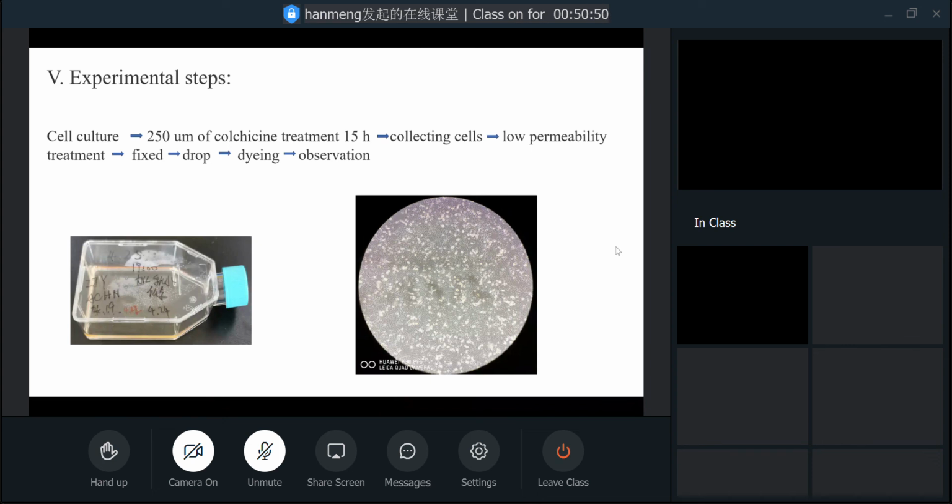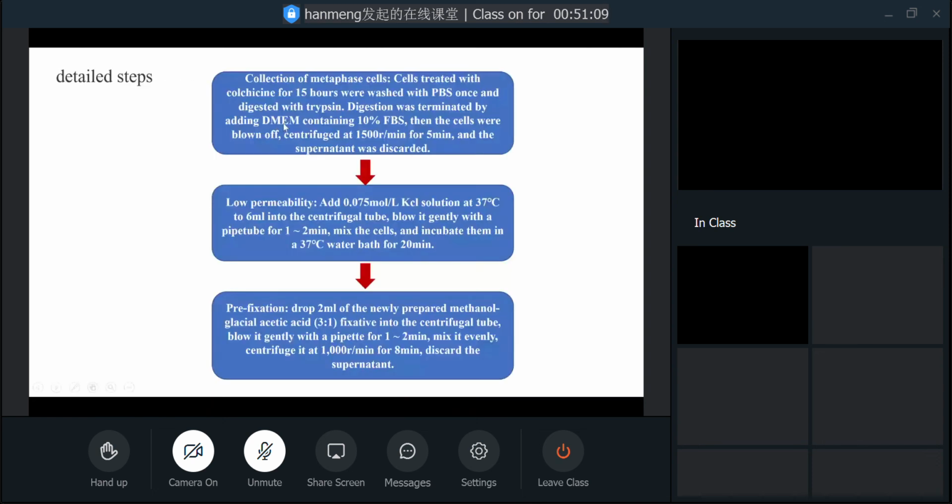Then here shows the detailed steps. First, we collect the metaphase cells. Then we wash the cells with PBS once and digest with trypsin, and then add DMEM culture medium with 10% FBS to terminate the digestion.